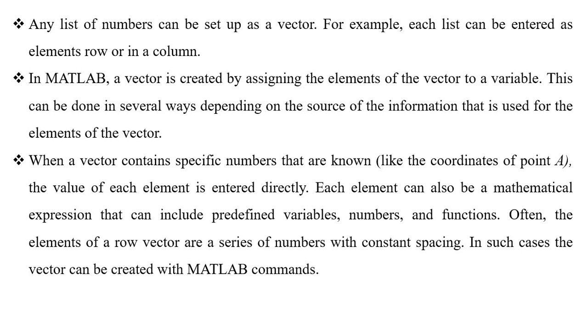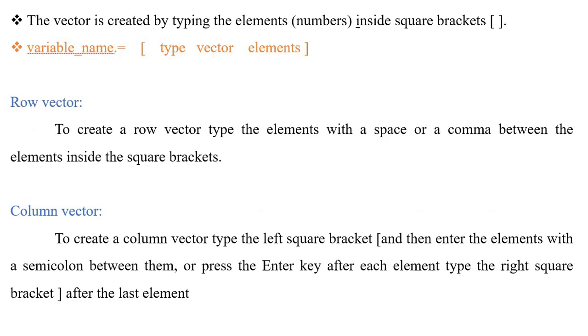When a vector contains specific numbers that are known, like the coordinates of point A, the value of each element is entered directly. Each element can also be a mathematical expression that can include predefined variables, numbers and functions. Often, the elements of a row are a series of numbers with constant spacing. In such cases, the vector can be created with Matlab commands.